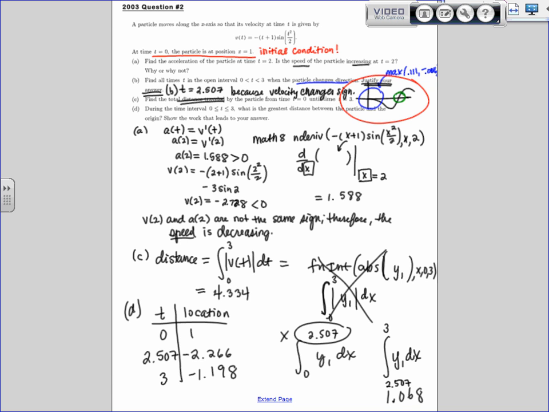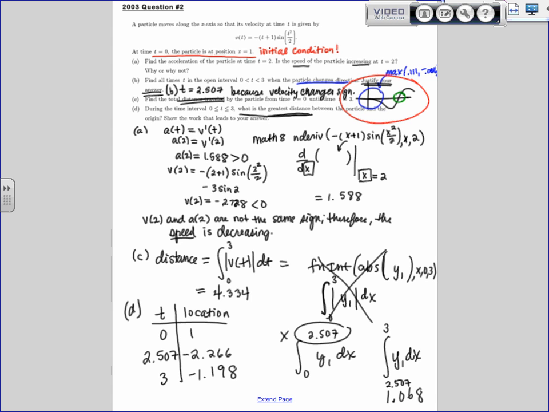Okay, where's the biggest difference? Oh, so it says, what is the greatest distance between the particle and the origin? Show the work that leads to your answer. What's the biggest distance? Distance is positive, so you're going to take the absolute value. It's the 2.266.